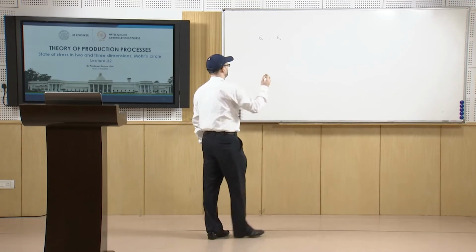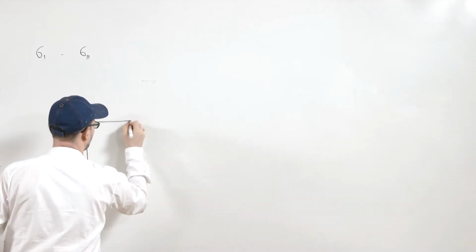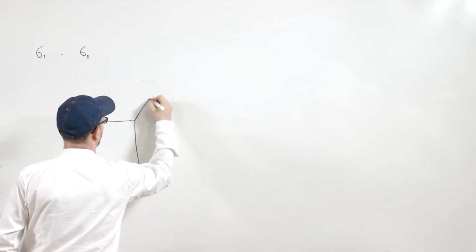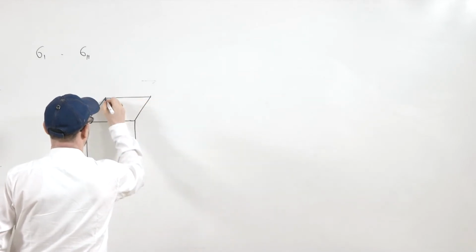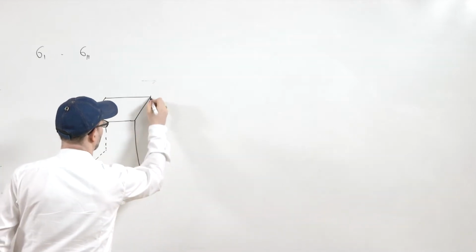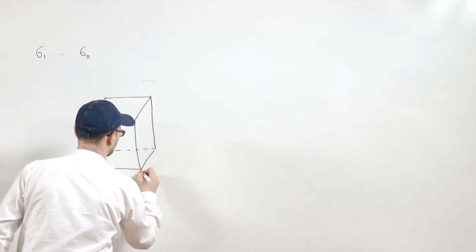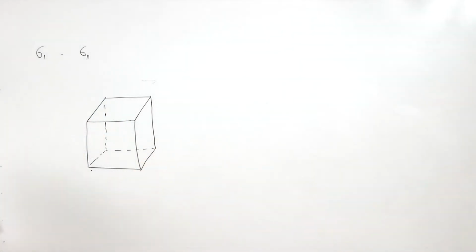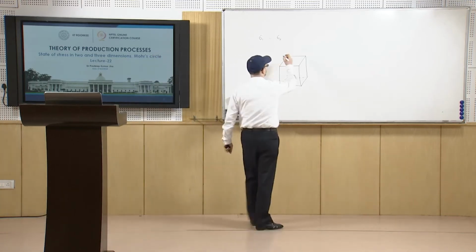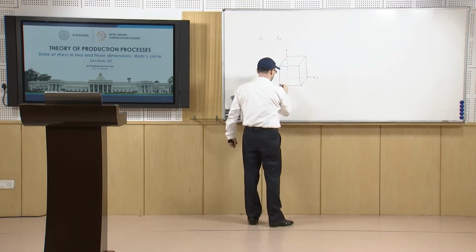Let us take a cube and try to see the state of stress. You can have the axes like this: this as z axis, this as y axis, and this as x axis.